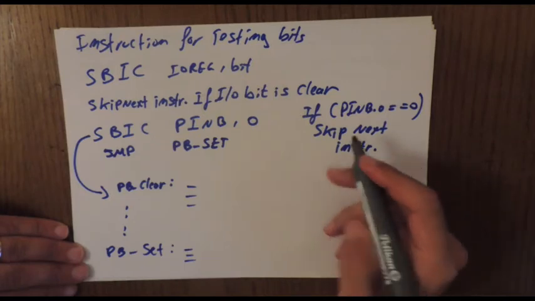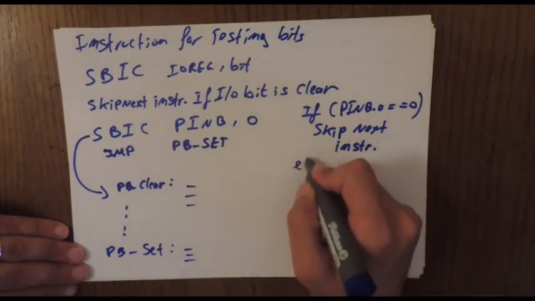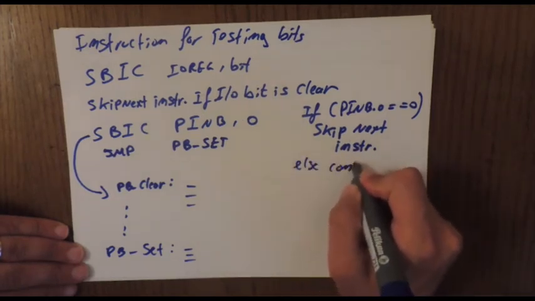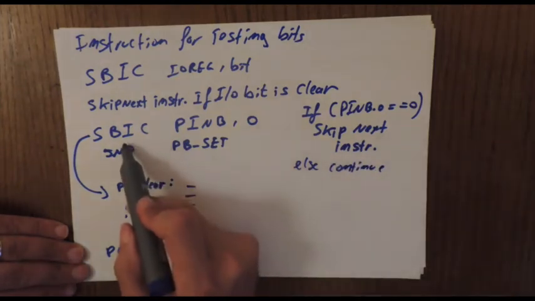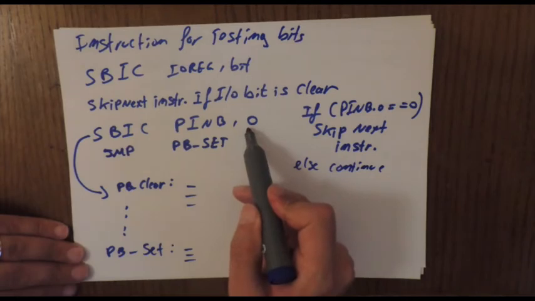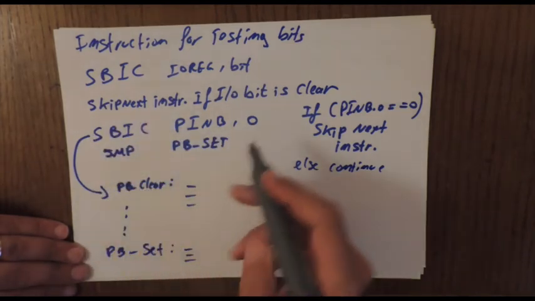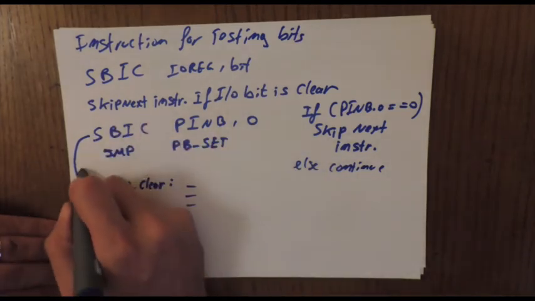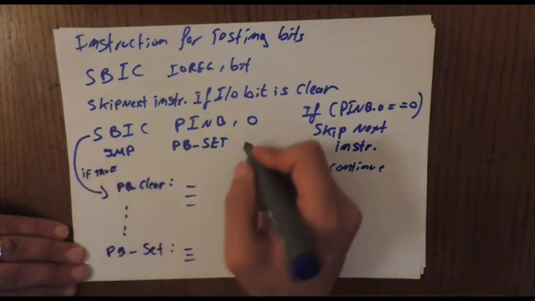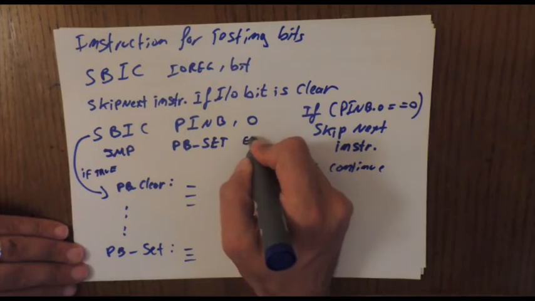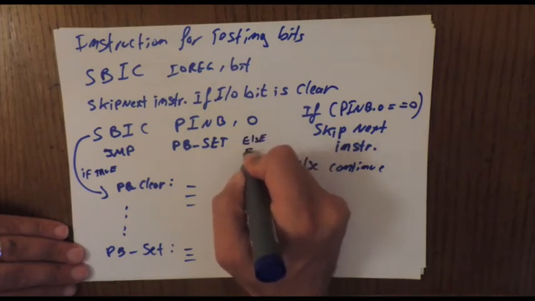Otherwise, else, continue. So if pin B is 0, I'm gonna skip. So this will be if true. Otherwise, this will be else, false.